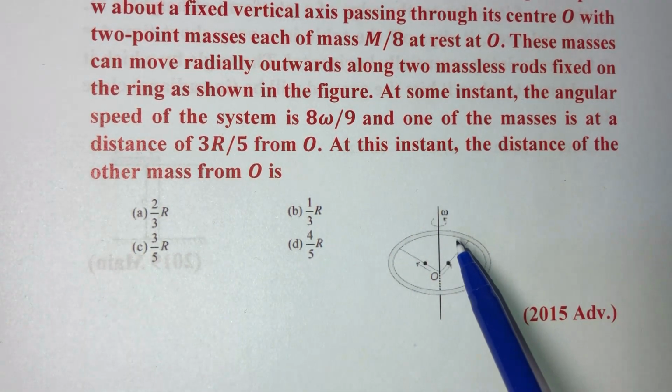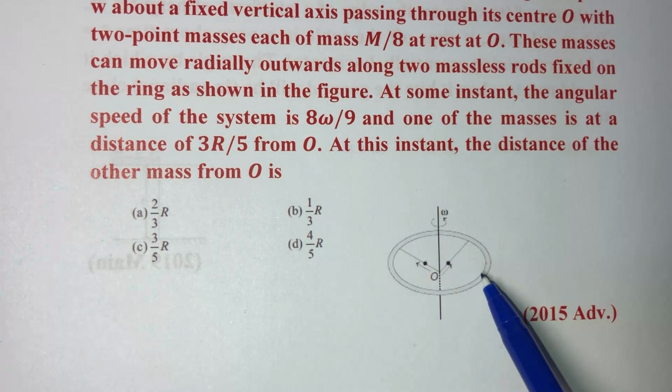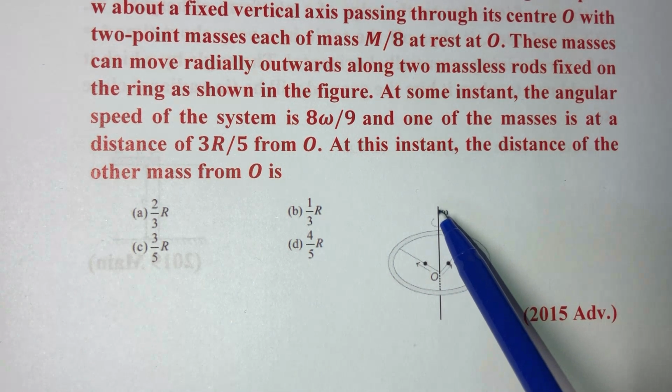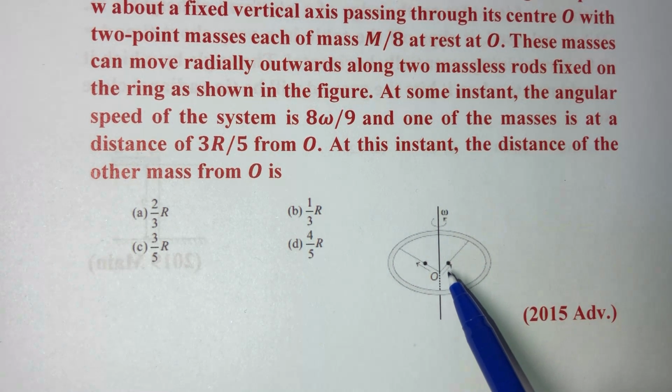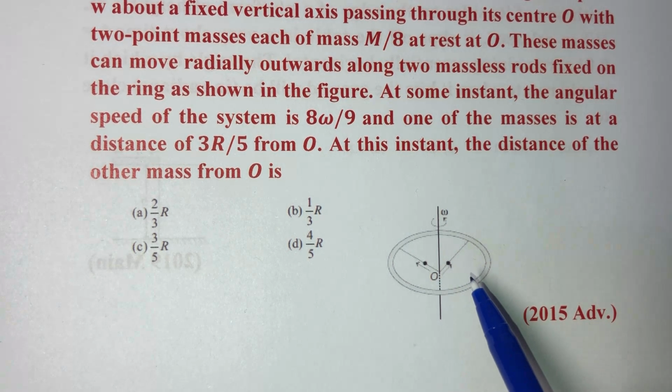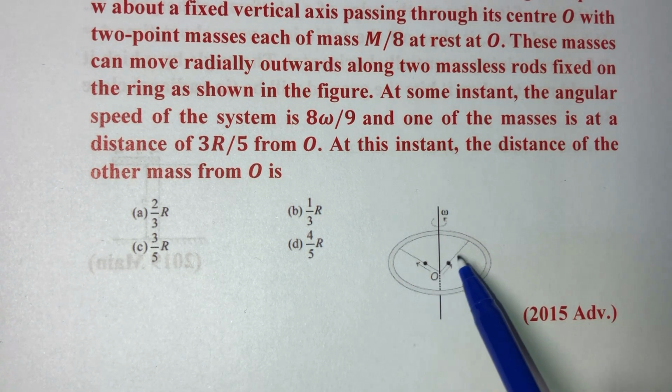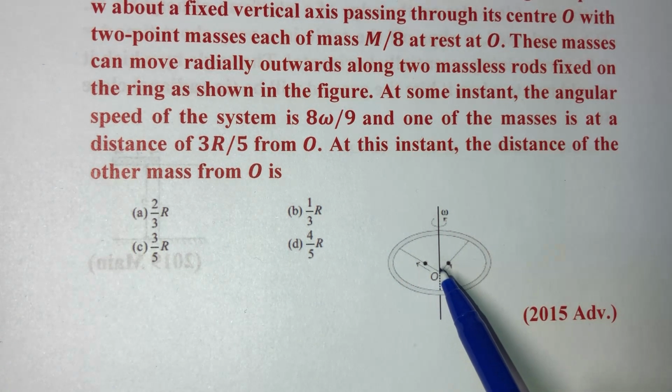So it is given that this is a ring which is rotating about its axis with the angular velocity omega, and we have point masses at point O, and each point mass is having a mass of m by 8, and they are free to move along these rods, and these rods are also massless.